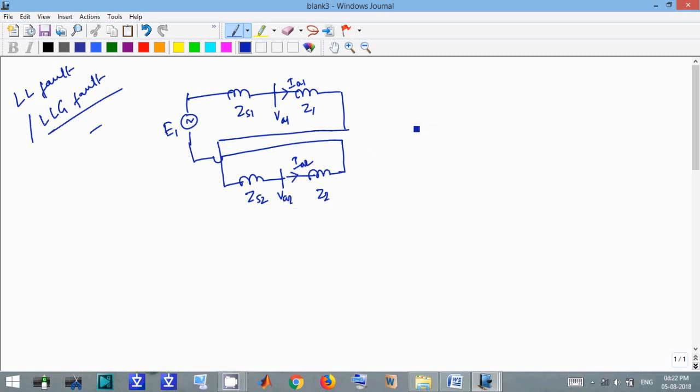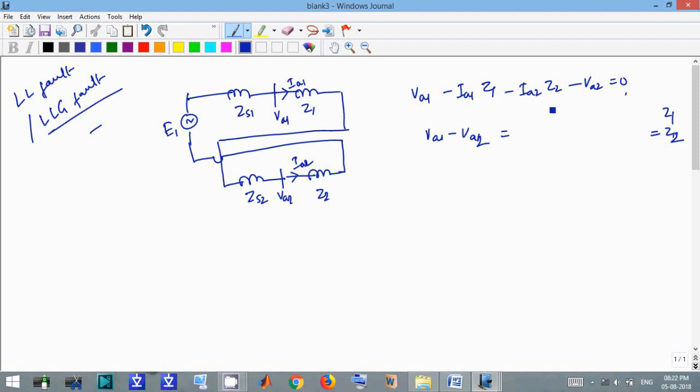If we take a KVL here, from here to here, this will be VA1 minus IA1 Z1 minus IA2 Z2 minus VA2 equals 0. So VA1 minus VA2, taking the voltage on one side, and in case of transmission line we have already said that Z1 equals Z2.